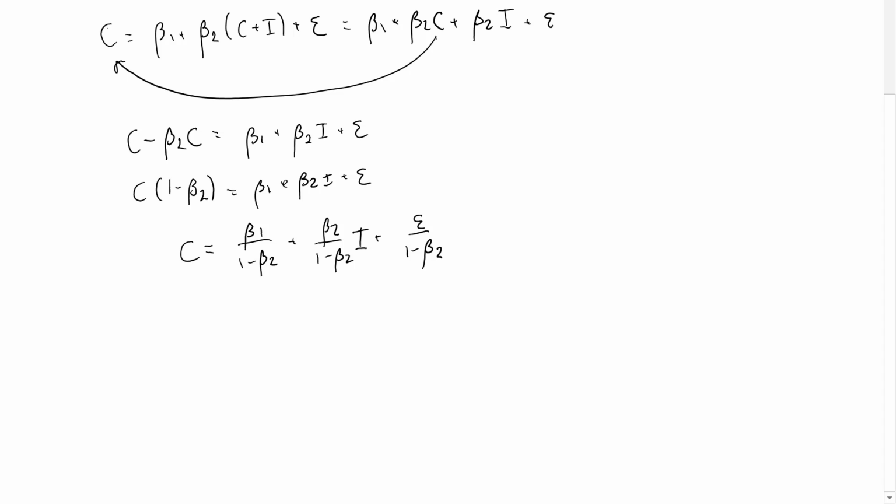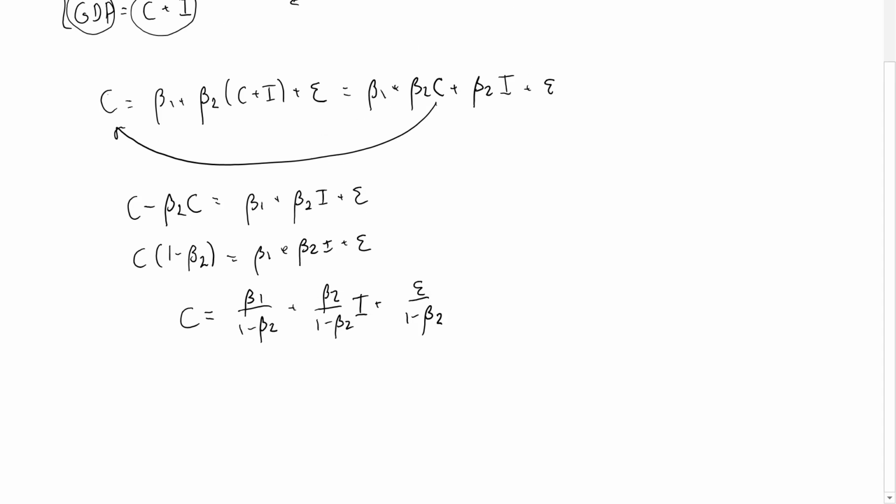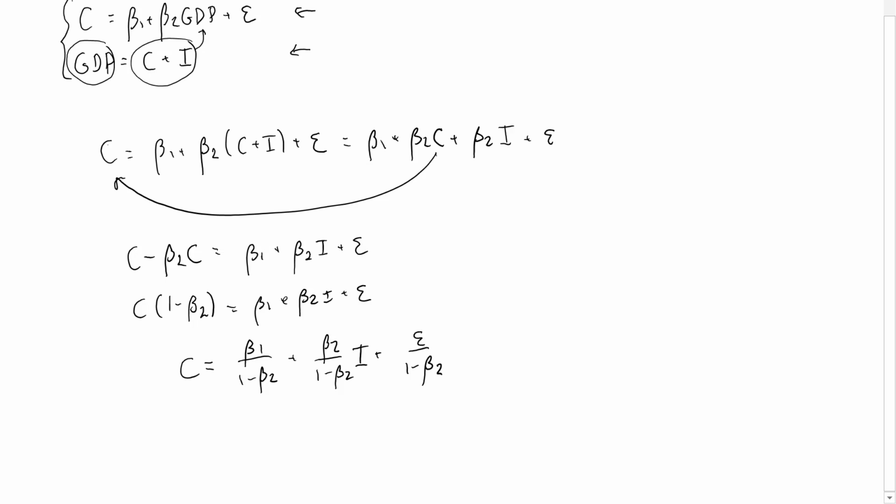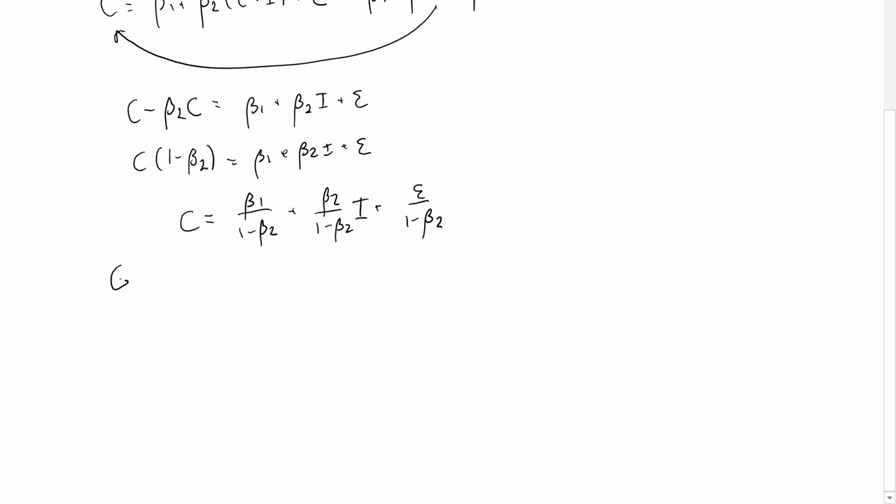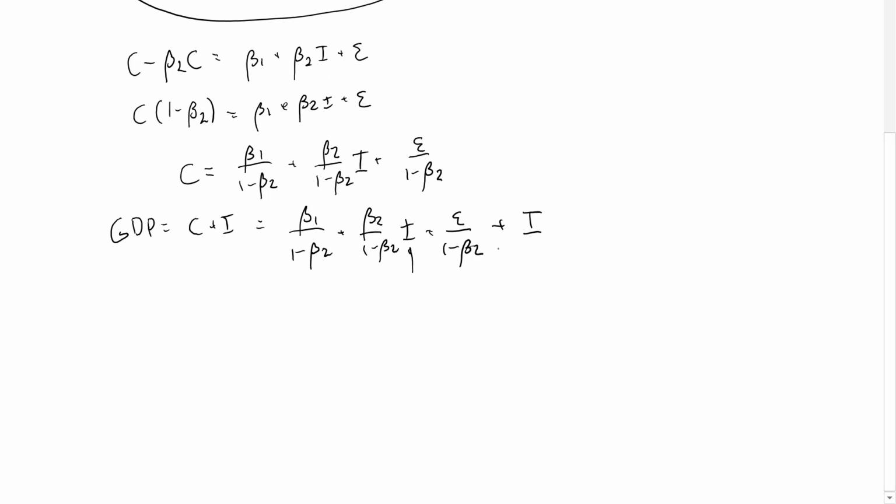I can now plug this into the second equation, which was GDP is C plus I. So GDP is C plus I, and C was this one, plus epsilon over 1 minus beta 2. That's C, and then we add I to that. So I have I here and here.